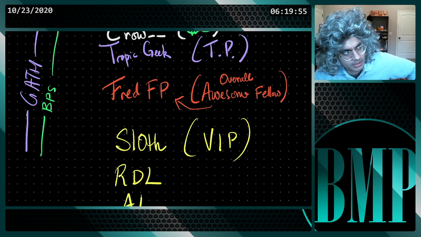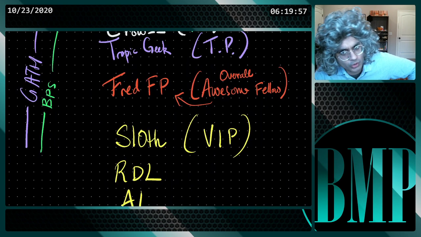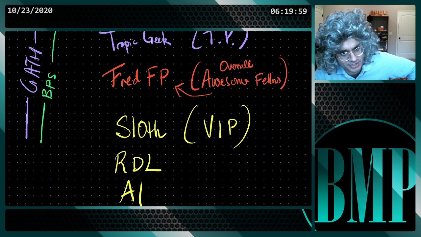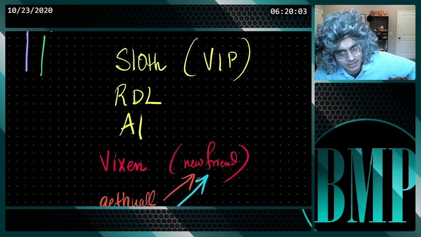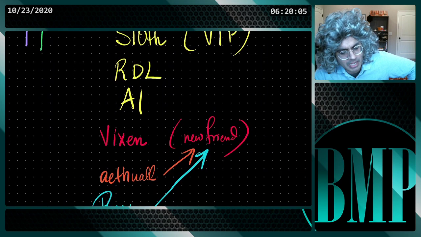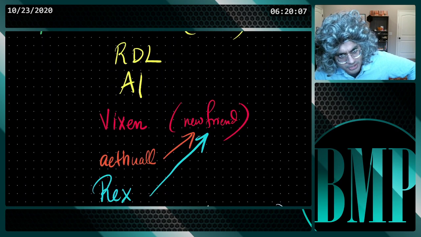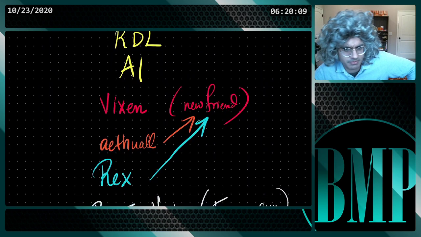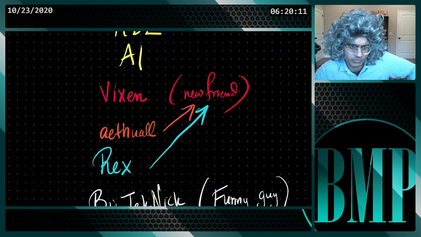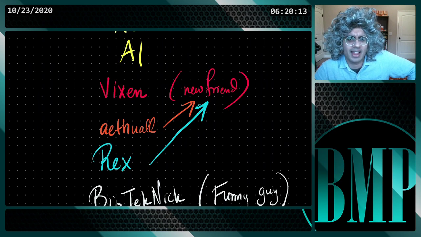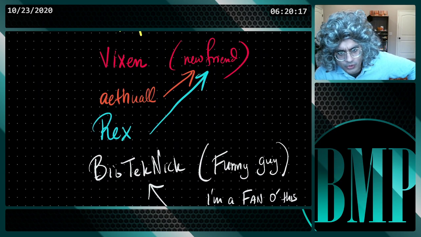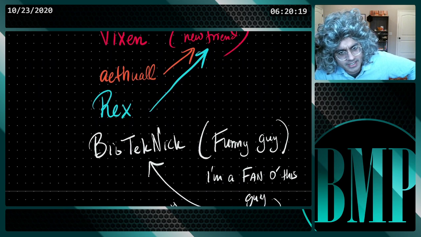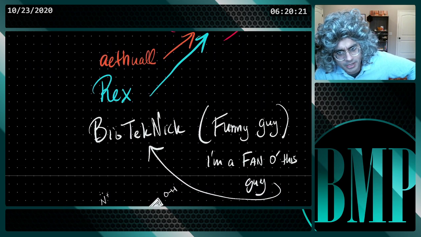Good, career reasons. Sloth. RDL. AI. Good students. I mean, all my students are good, but especially great. Vixen. Ethual. Rex. New friends. Biotechnic. Stand-up comedian.